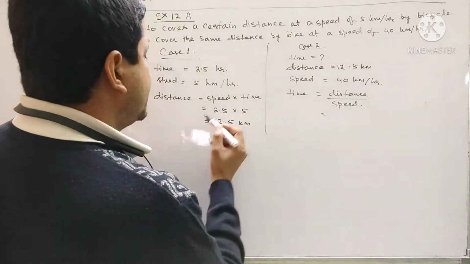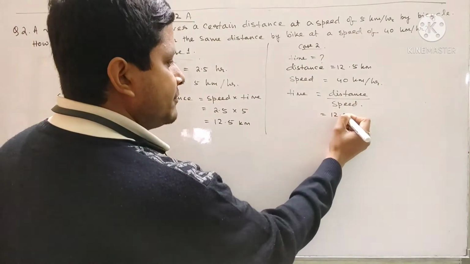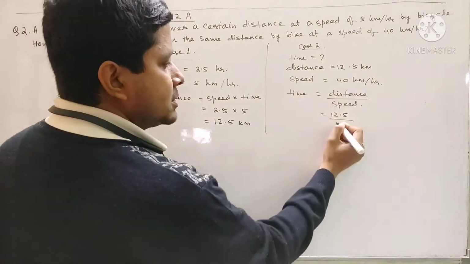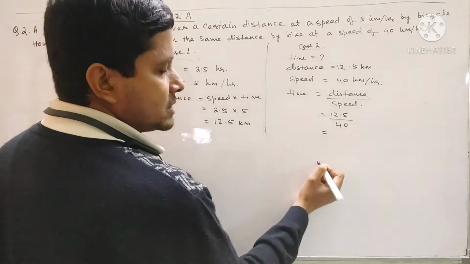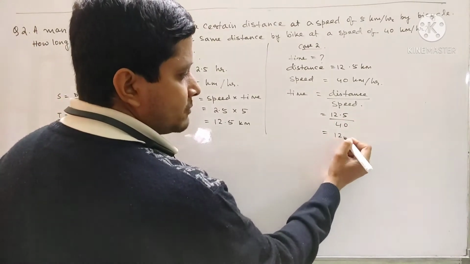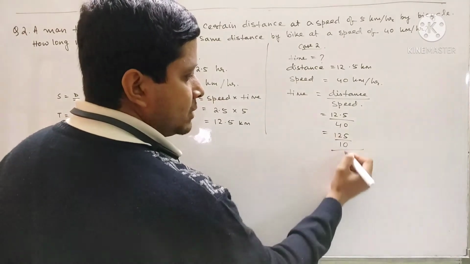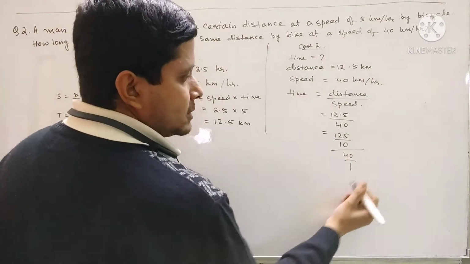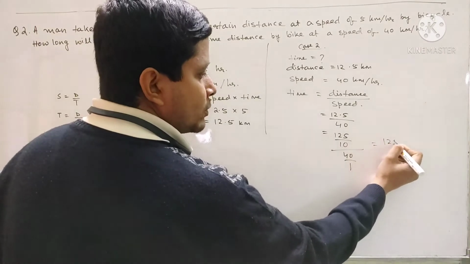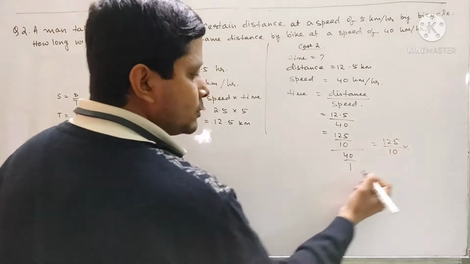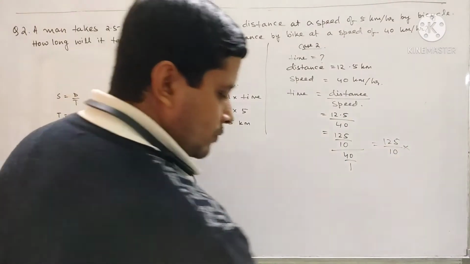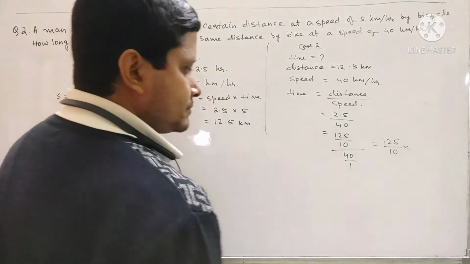Distance is 12.5 kilometer and speed is 40 kilometer per hour. We will remove the decimal first. So 12.5 will be 125 by 10 and 40 will be 40 by 1. It will get reciprocal, so 125 by 10 into 1 by 40.